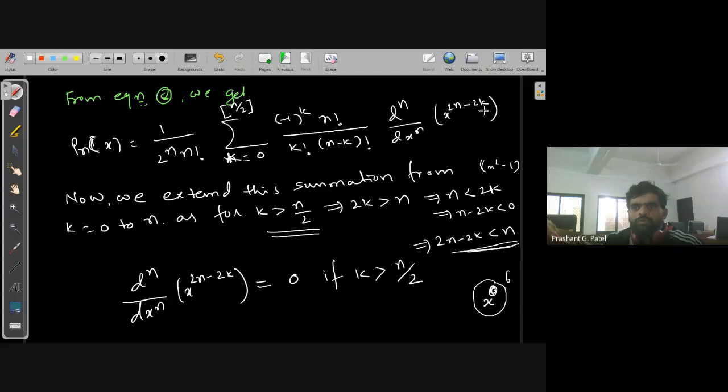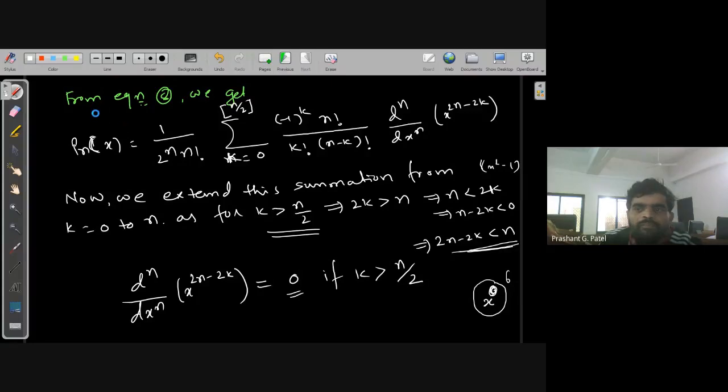So instead of n by 2 here, if I add anything over there, all the 0 terms we are adding. That means I can write this summation from 0 to n now, because this derivative is 0, so we are adding 0 terms.